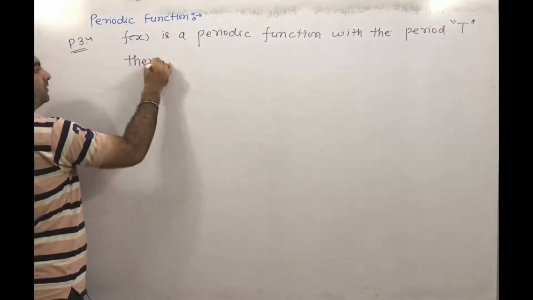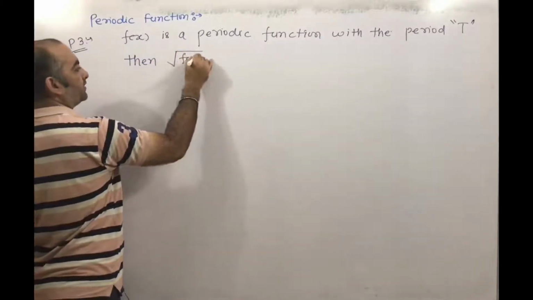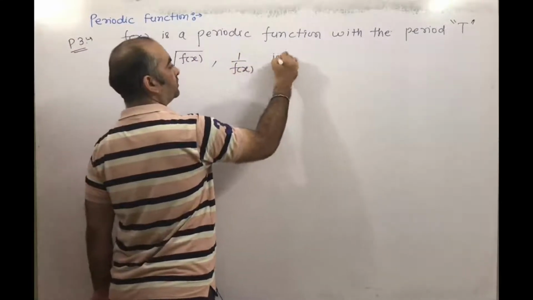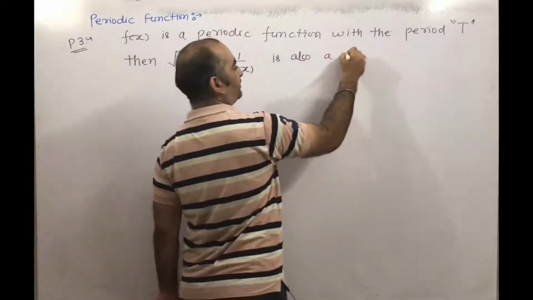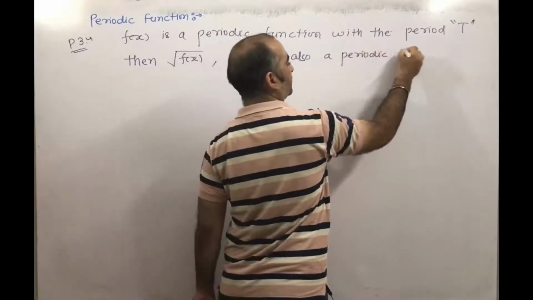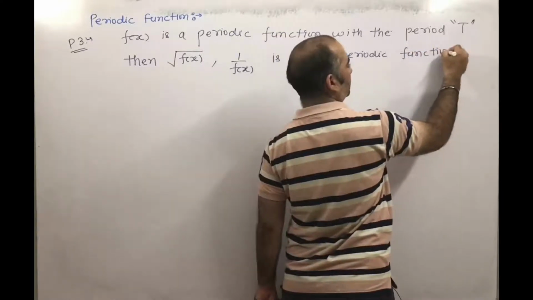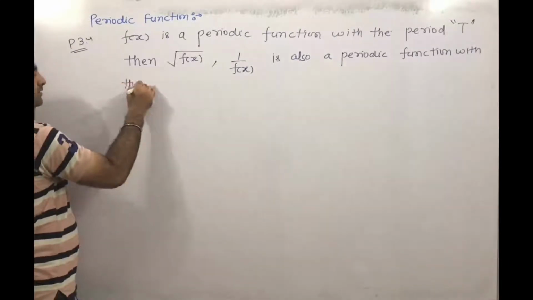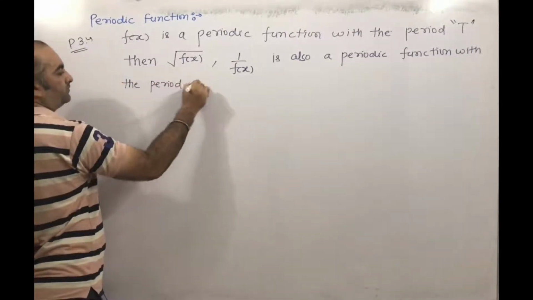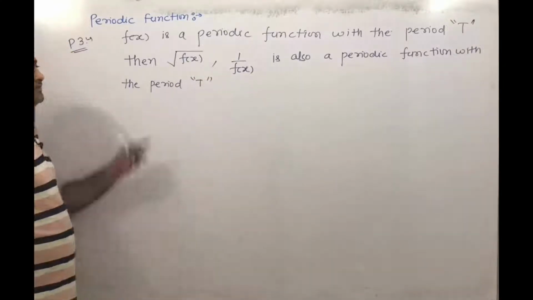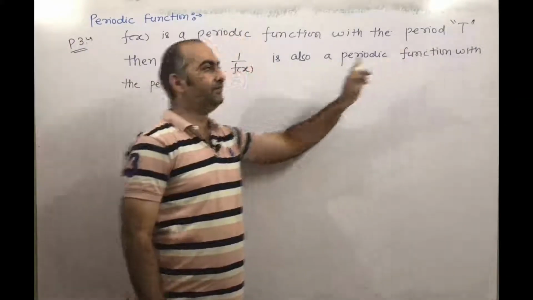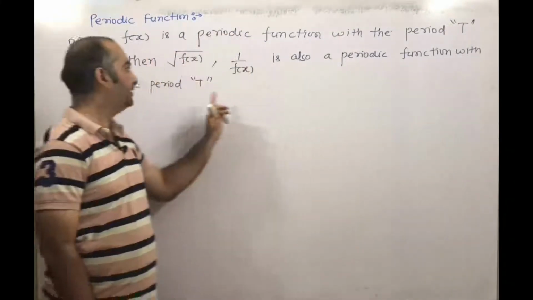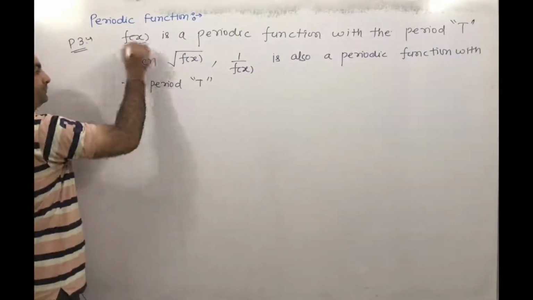Then root over f of x, comma, 1 by f of x, is also a periodic function with the period t. Okay, so f of x is a periodic function with the period t. Then we are saying that root over f of x and 1 by f of x is also a periodic function with the period t. How to prove? See, proof.